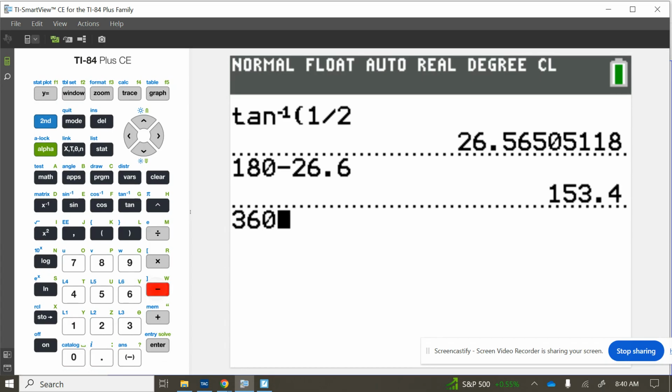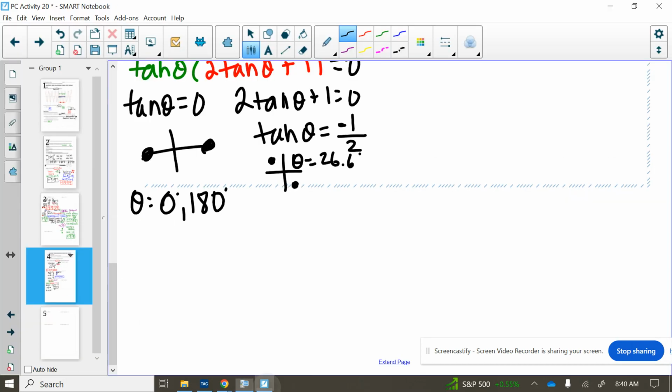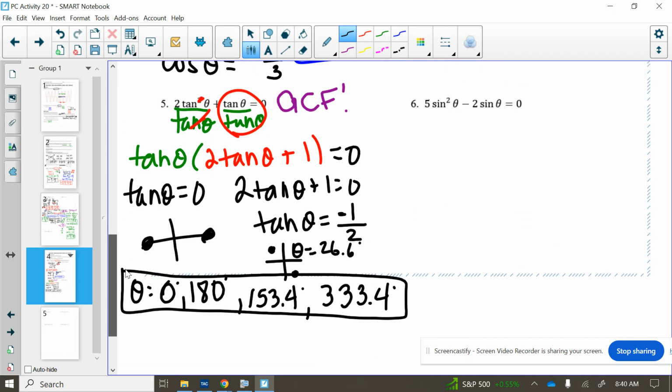And then to find quadrant 4, I would do 360 minus that. So again, my two answers are going to be where the tangent is negative this time. So that would be at 153.4 and 333.4. So officially, all 4 of these are going to be answers to this equation. All right, there is a similar one for you to try using sine.